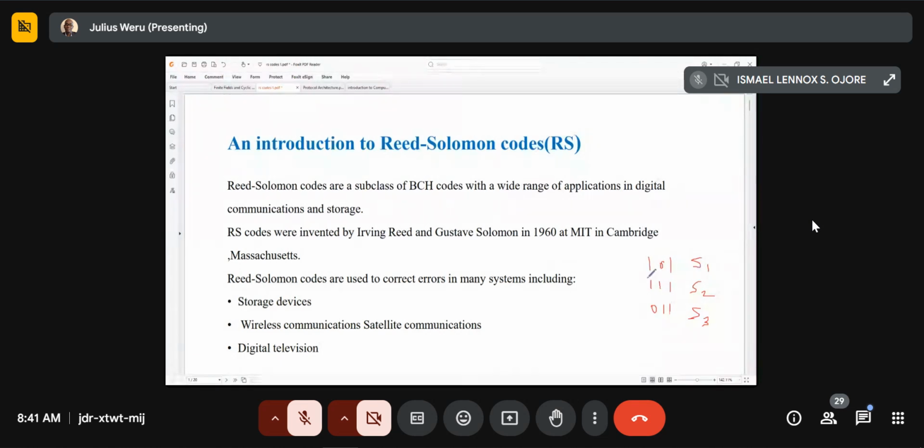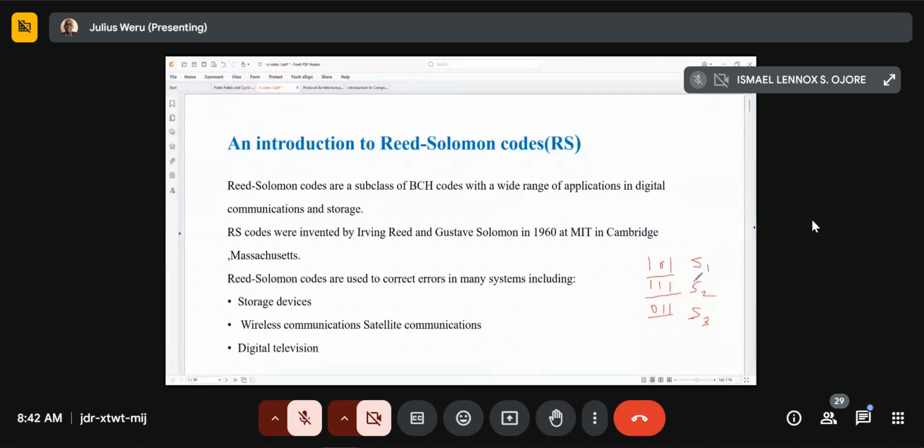So if you can correct 3 symbol errors, that can mean all the symbols are in error. It means either 1 bit is in error here, 1 bit is in error here, 1 bit is in error here, or 2 bits are in error here, or all the 3 bits are in error.